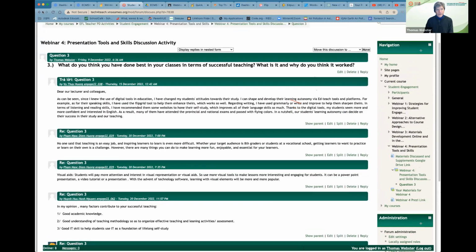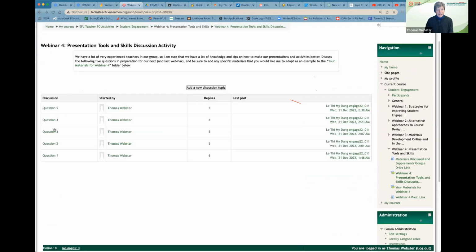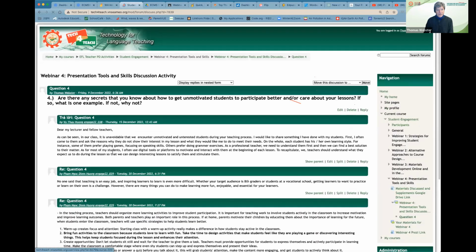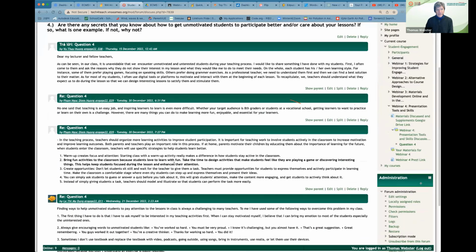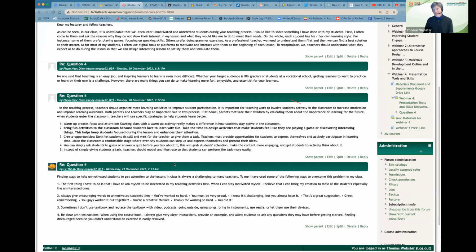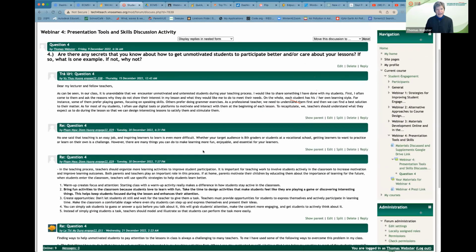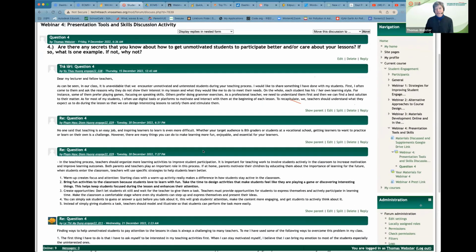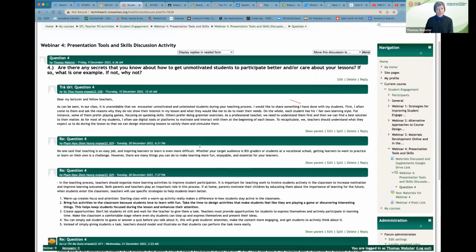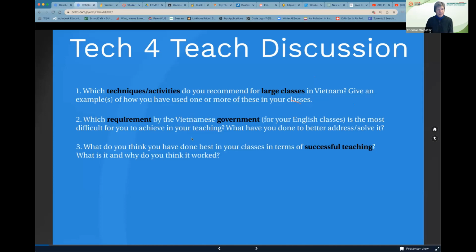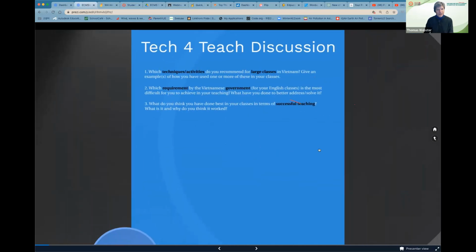There are some really good ideas in this number 3 and in the others that follow. Number 4 here has some good advice about how to handle your classes. So I'm glad to see we're helping each other, and especially providing solutions, not just talking about the problems. So that's really good to see. Okay, so that's question 3.